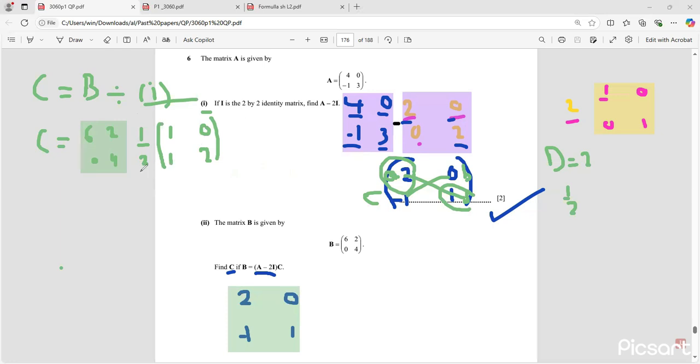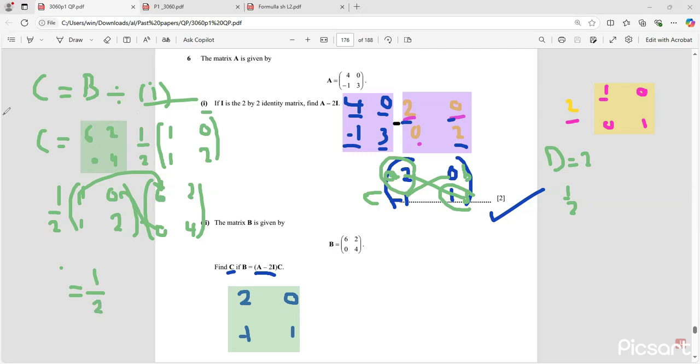So now we are going to reset it. We are going to write it like 1, 1, 0, 2. We reset it. We get the half here, because we're going to multiply it by the original matrix, 6, 2, 0, 4. Let's go back to multiplying. The first is 1 times 6 minus 0, so it's equal to 6, and we keep the half here.